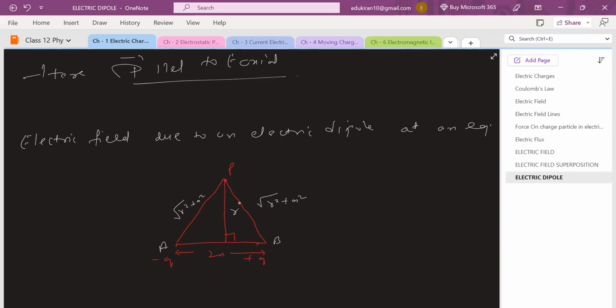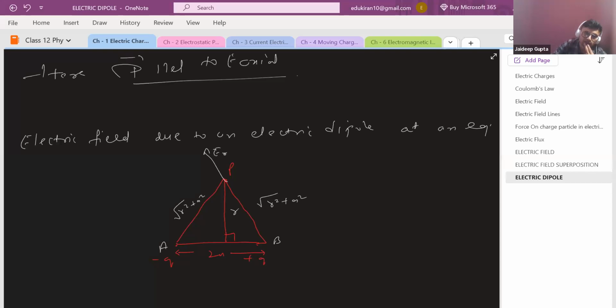Positive charge, the electric field is always away from it. So along this direction. And due to negative charge, towards it.